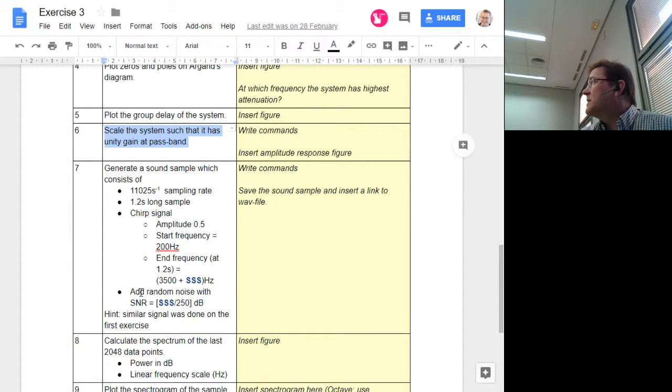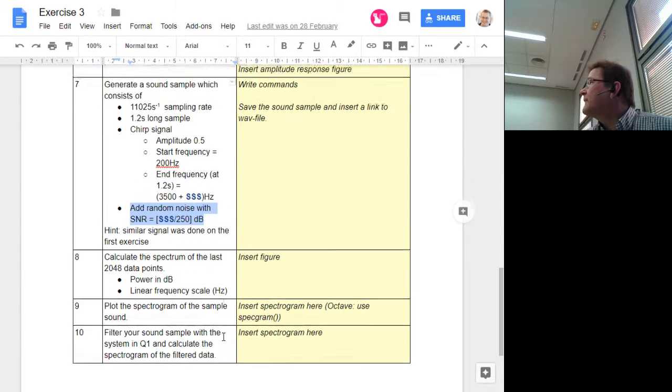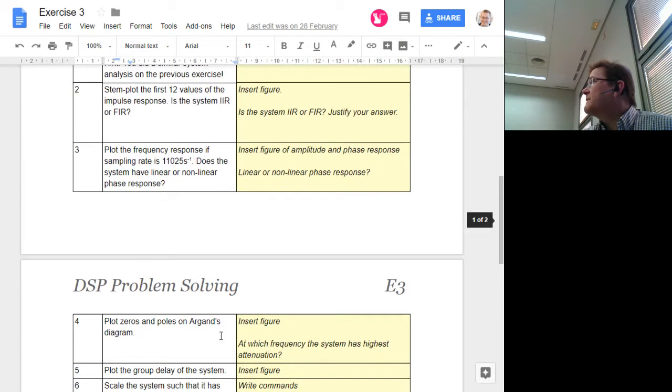And then there's again random noise with given signal to noise ratio for that kind of signal, calculating the spectrum and plotting the spectrum and filtering. First part of filtering. But anyways, let me first go through briefly what this all is about.